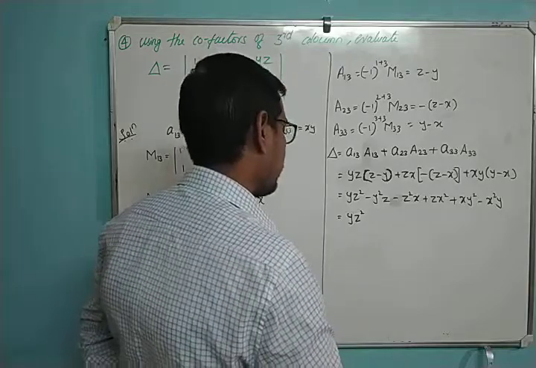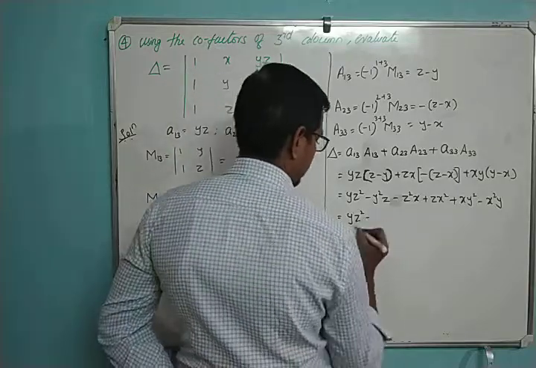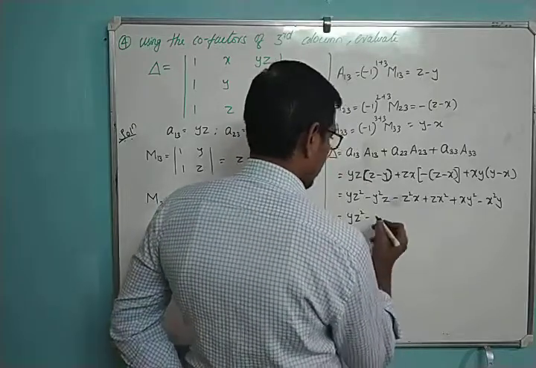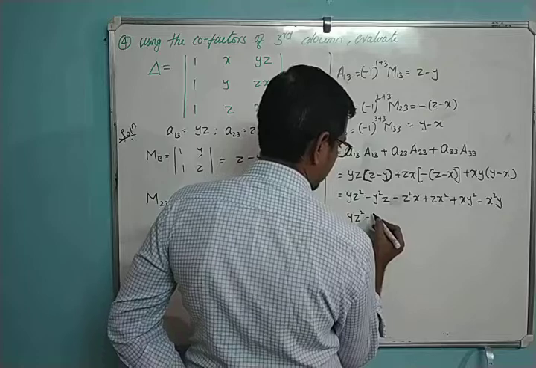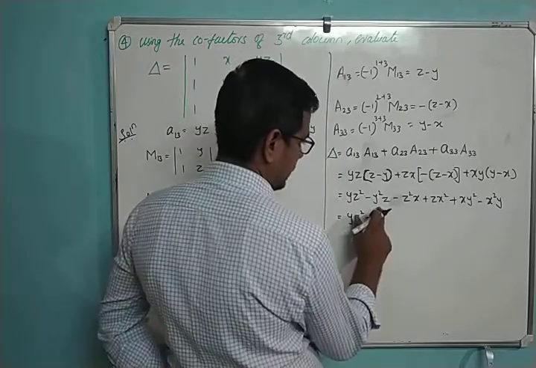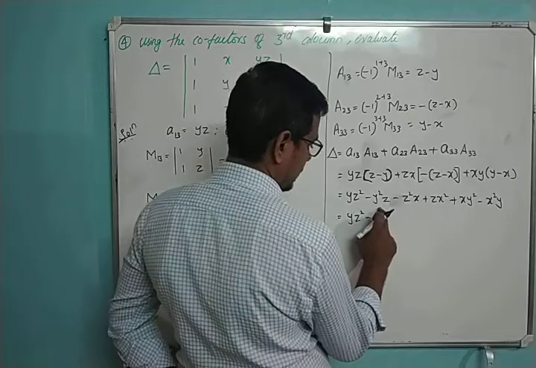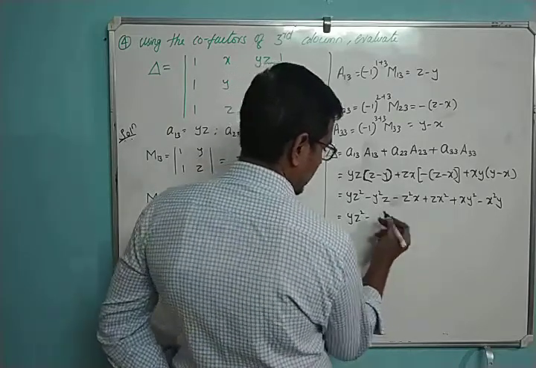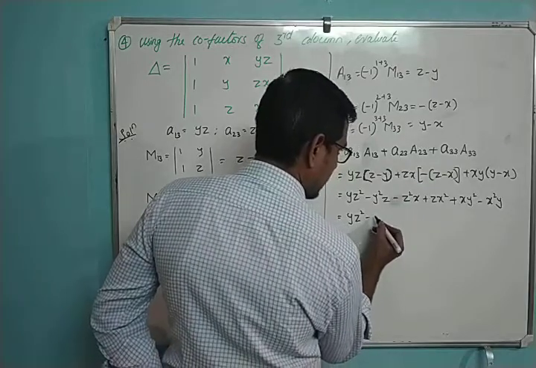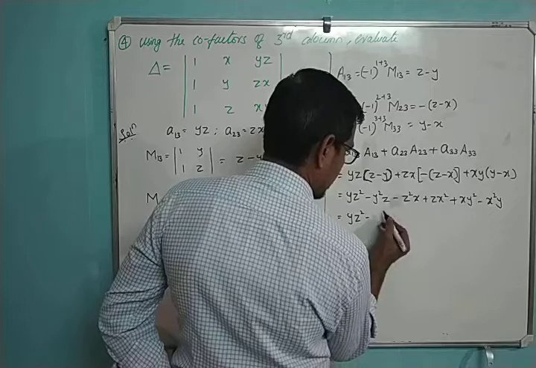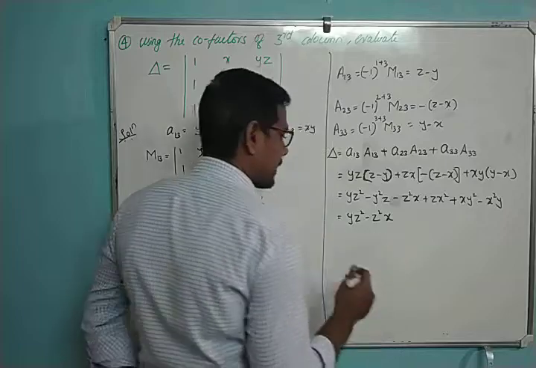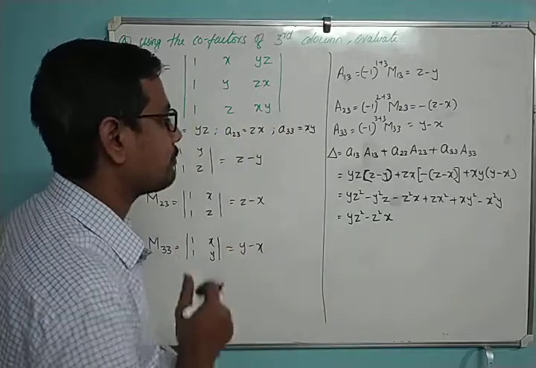YZ square minus, we'll take Z square X. Okay.